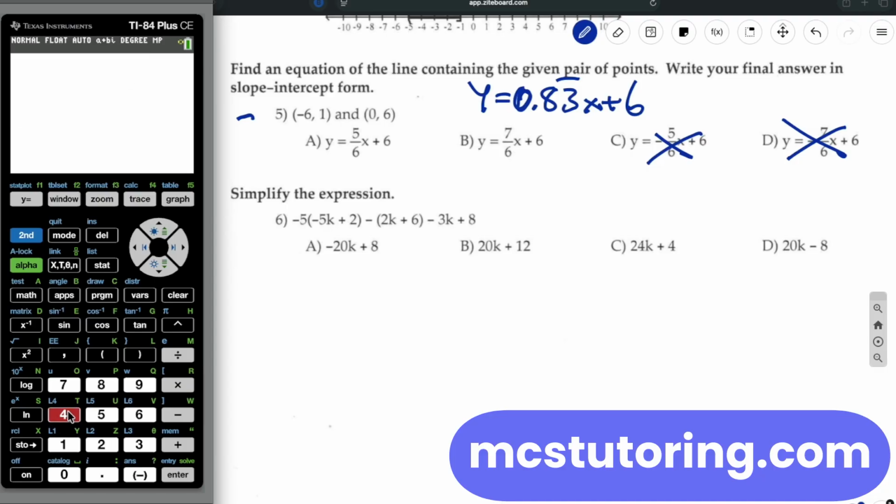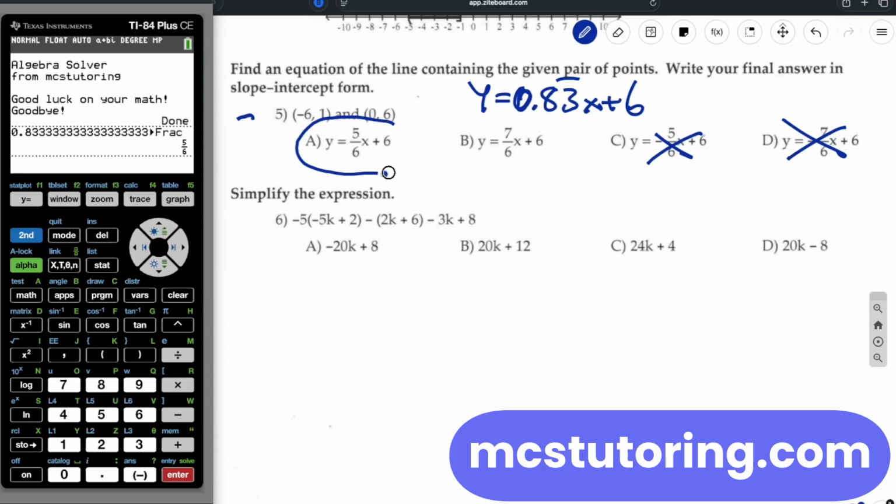Actually, what we're going to do is convert it to a fraction. I will add this as a function, but watch this. You don't even need a calculator program for this. If you just do 0.8333 repeating with a whole bunch of 3s right there, and you press math, enter, that's what I do by hand: 5/6.